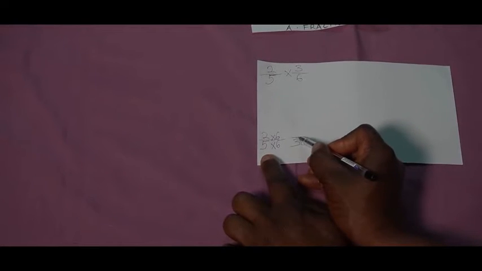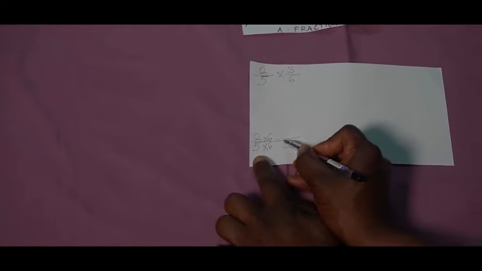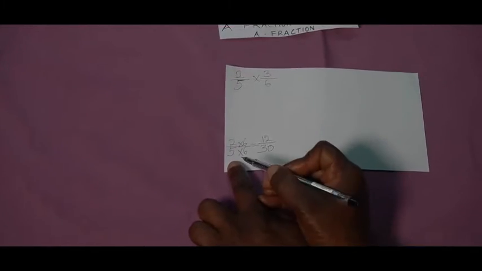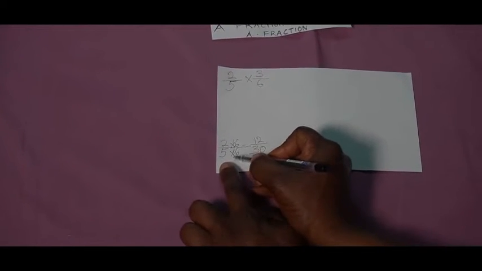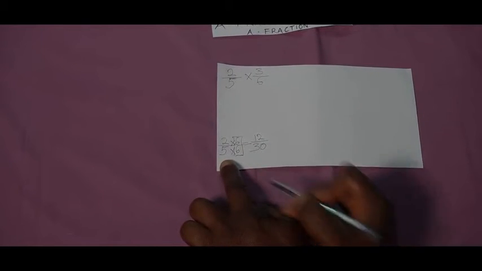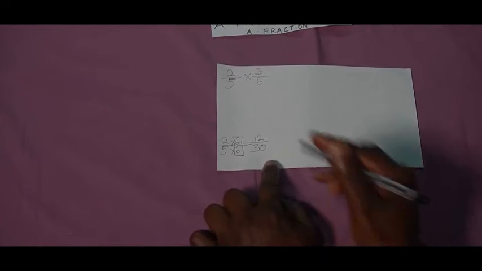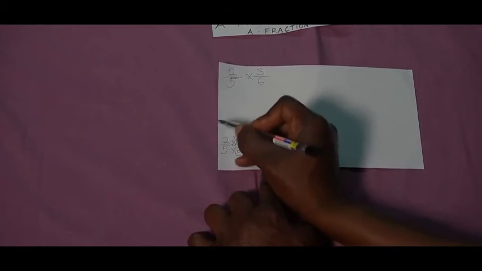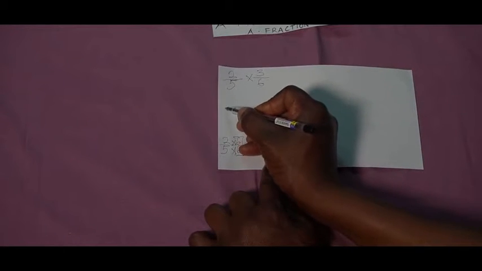So my numerator will become 12. So now I have 12/30.